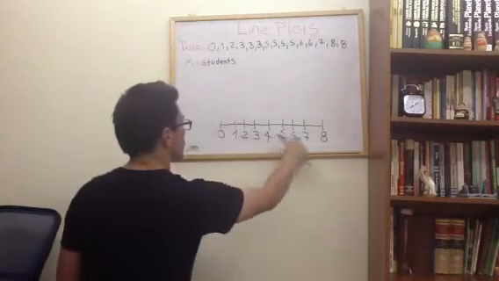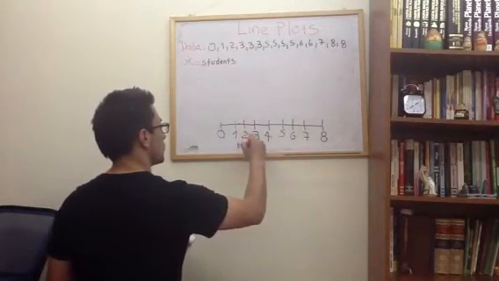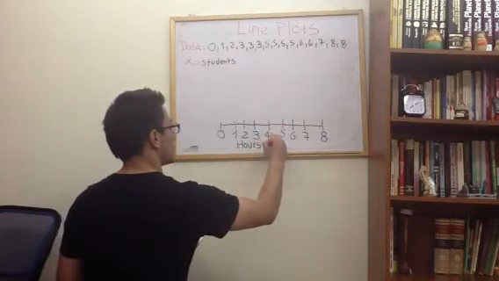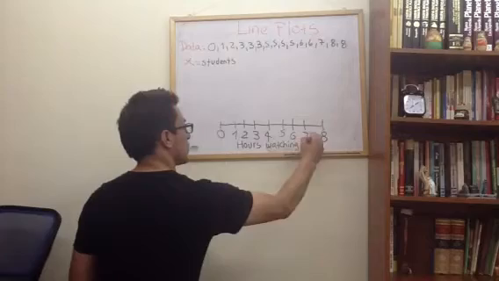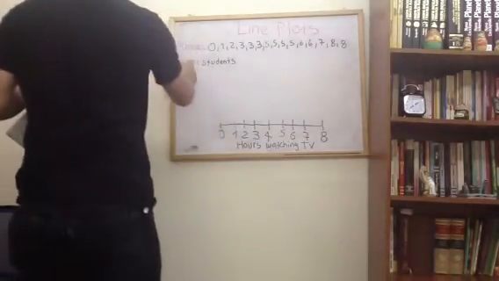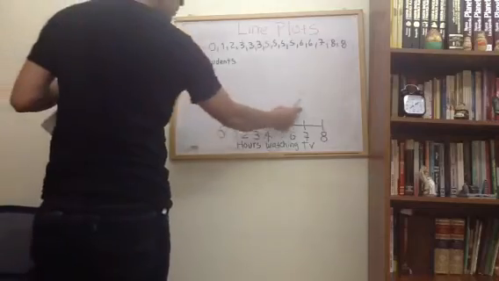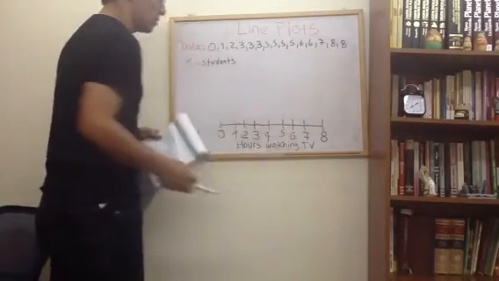And these numbers here are called hours watching TV. Remember that the data is about students that watch TV. So the x that I'm going to draw up here are the number of hours that students watch TV.